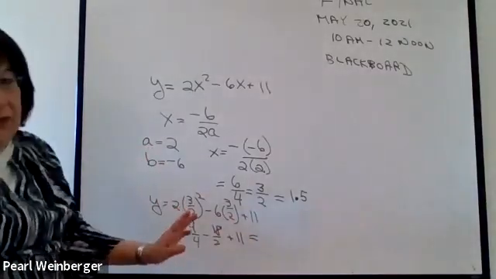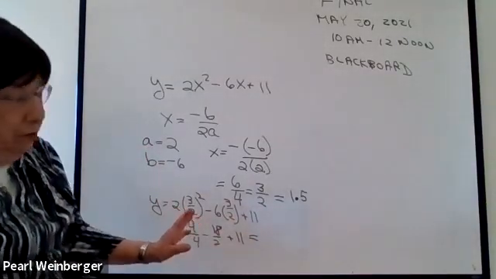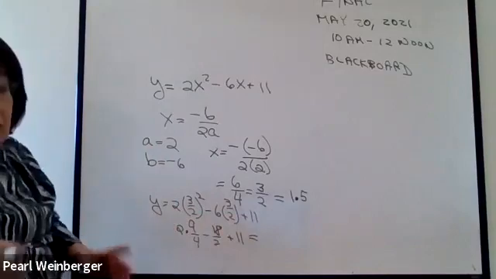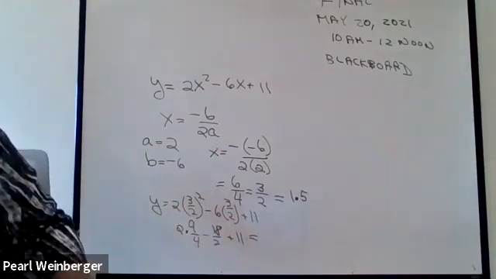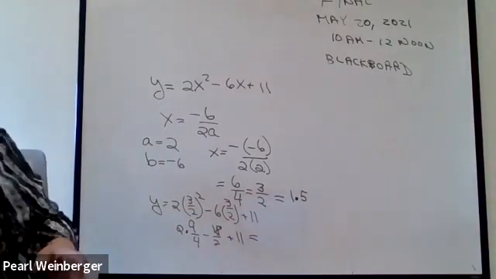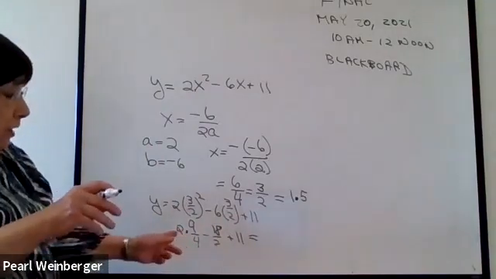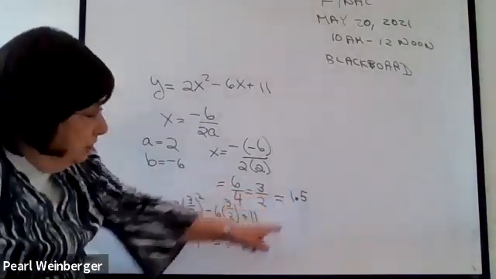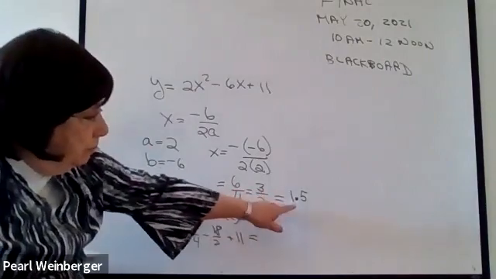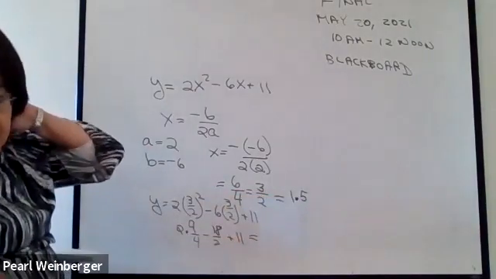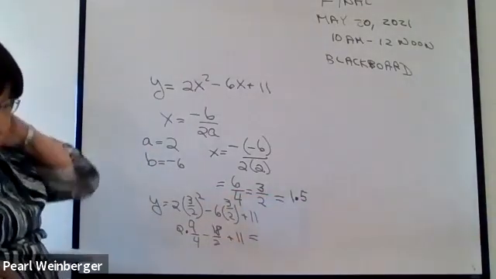They won't give you one with fractions, so don't worry about it. But if they do, you could just stick it into your calculator. Let your calculator do the work for you. Instead of putting in 3/2, you might want to put in 1.5 because that would be easier.